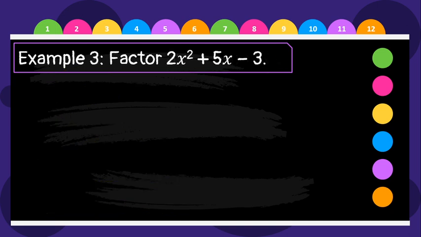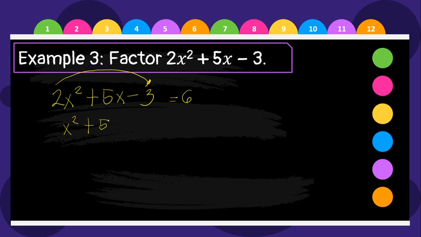Next is factor 2x squared plus 5x minus 3. Same procedure: 2x squared plus 5x minus 3. Slide. 2 times 3 is 6. Bring down x squared plus 5x minus 6, and then I'm going to factor this.